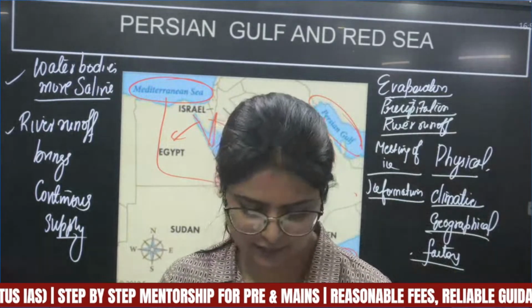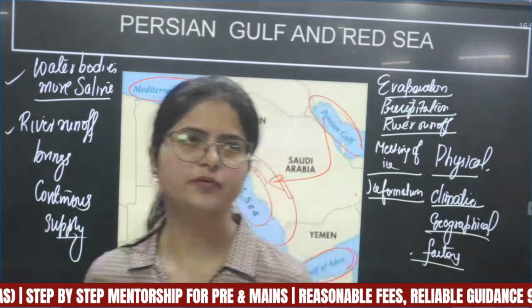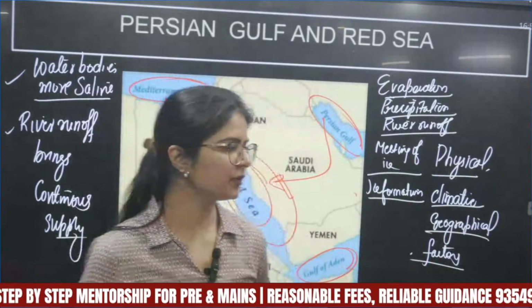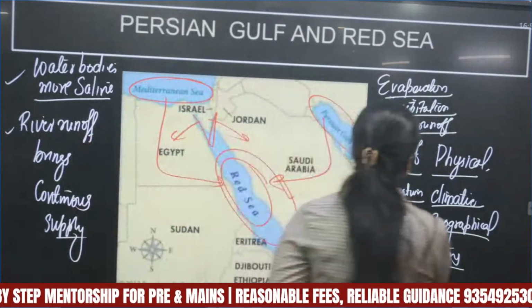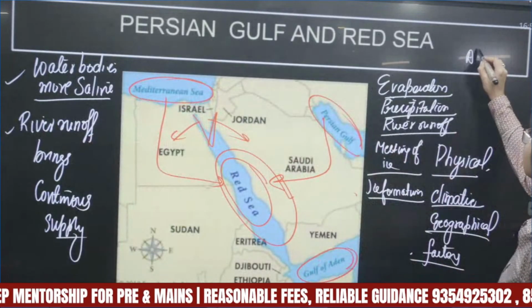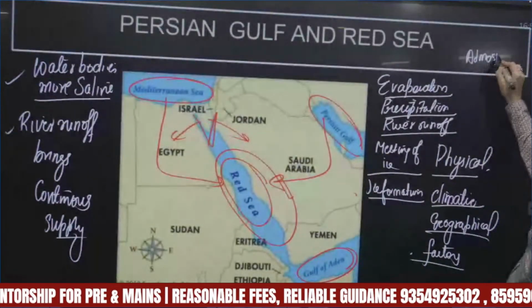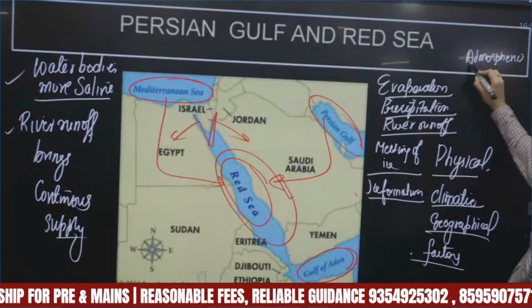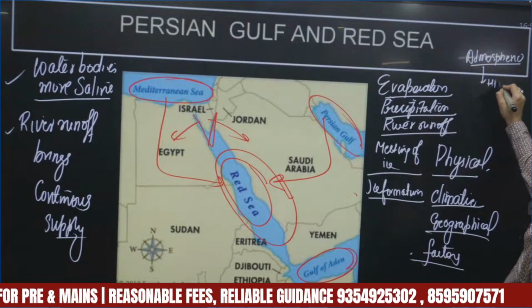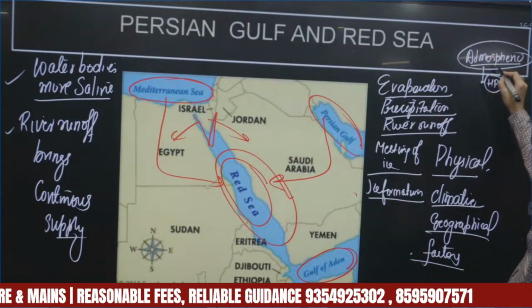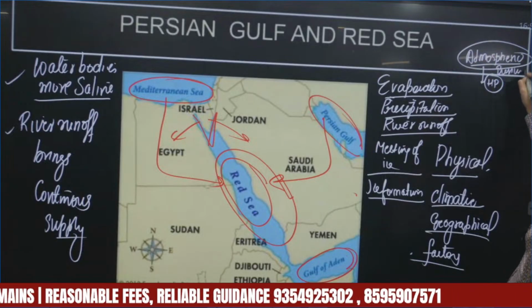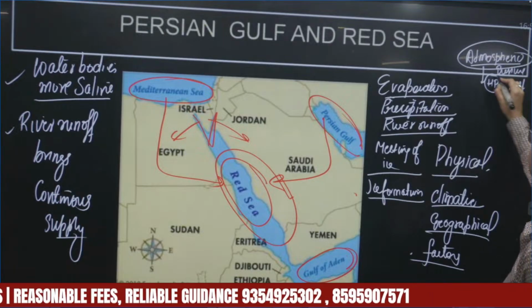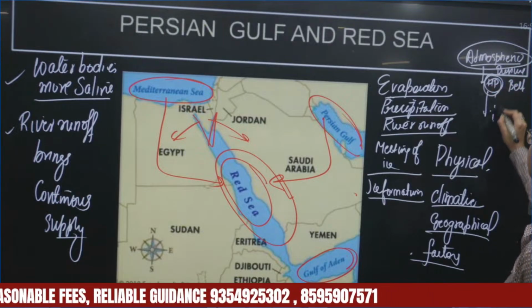Next we will write atmospheric pressures and winds. As you know, when atmospheric pressure is high, there is less chance of rainfall. When there is high pressure, the air will descend.